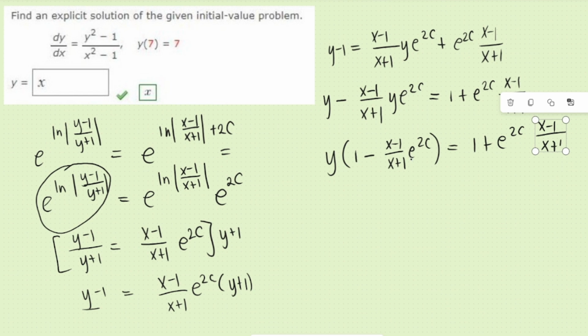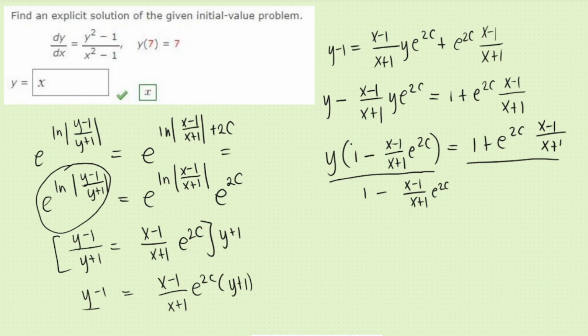So we divide both sides of the equation by 1 minus x minus 1 all over x plus 1 e to the 2c, so that we are left with y on the left-hand side. Whatever is the factor beside y, that's what you divide. So if you divide the left-hand side of the equation by this one, you should also divide the right-hand side of the equation by this one.